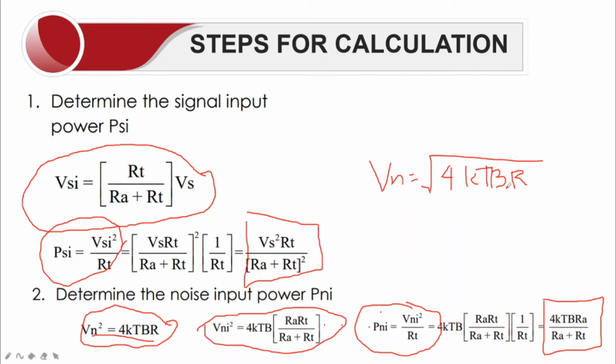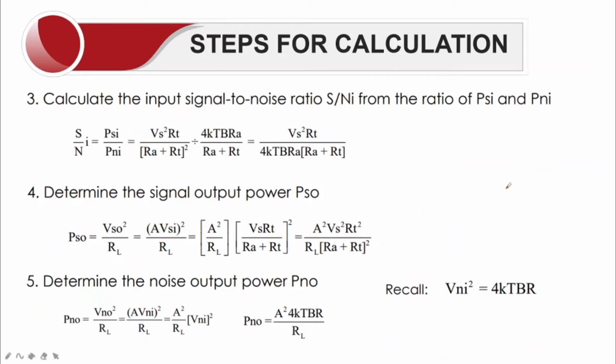Ayan. Next step. So, the third step is to calculate the input signal to noise ratio from the ratio of PSI and PNI. So, yung first step natin is to get the PSI. Second step, get the PNI. Dito naman, kukunin yung SNR input.